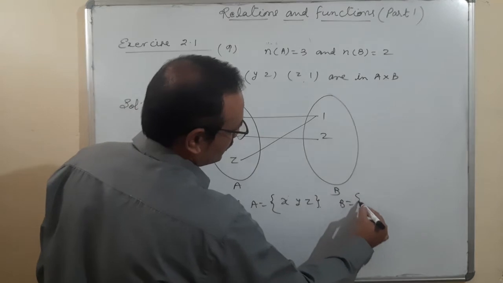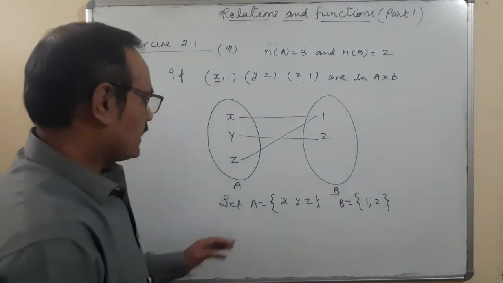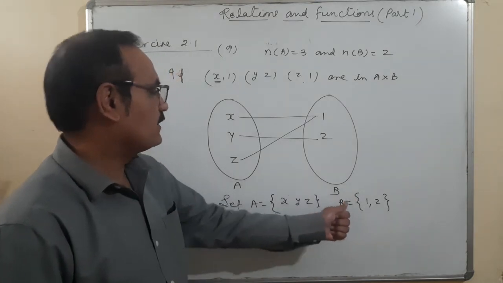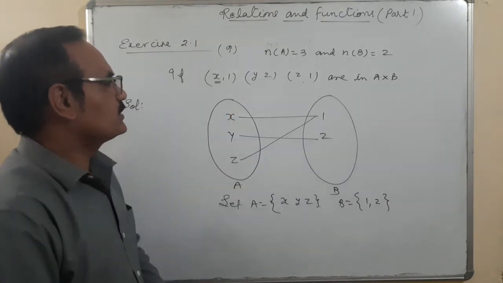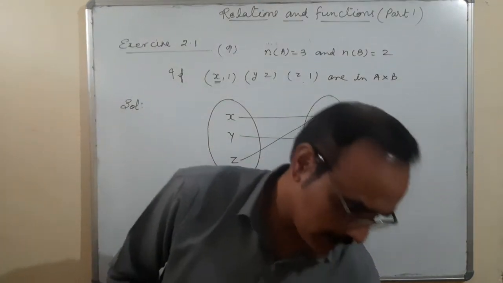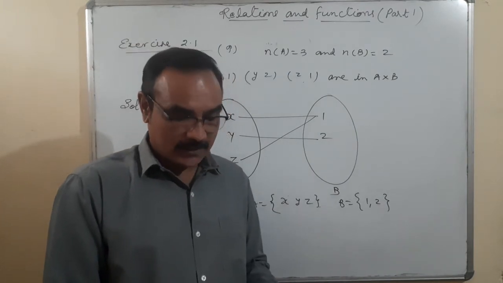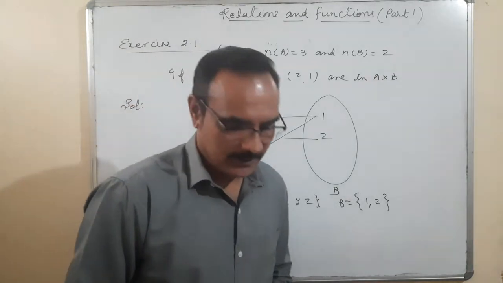Set B has only 2 elements, 1 and 2. And the Cartesian product A cross B is equal to (x,1), (y,2), (z,1). And n(A) is equal to 3 and n(B) is equal to 2. In the question they are asking to find A and B where x, y, z are all distinct elements. So this is the value of A and B. Clear?